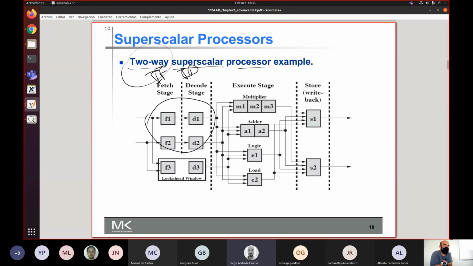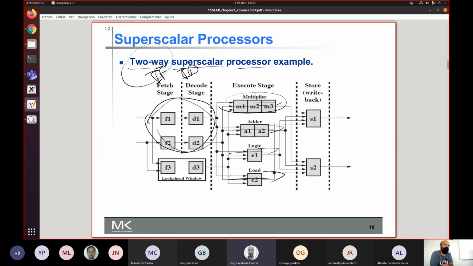However, when you arrive to the execution stage, you can see that the hardware is not replicated, at least in this example. So this means that, for instance, maybe you are not able to execute two multiplications at the same time, okay, or two additions at the same time, because this hardware is not replicated, okay?